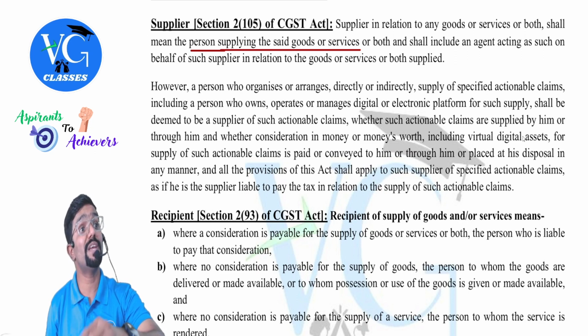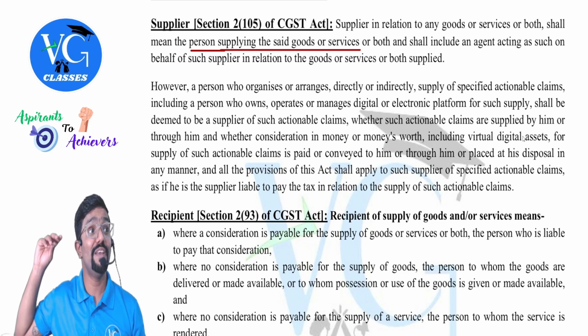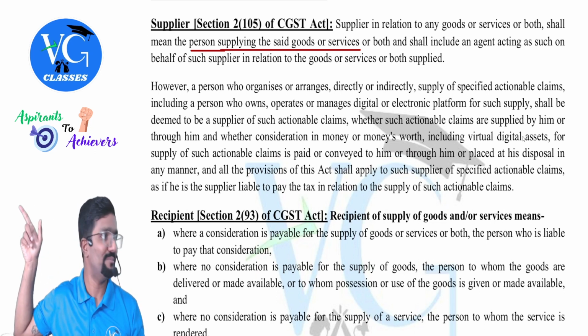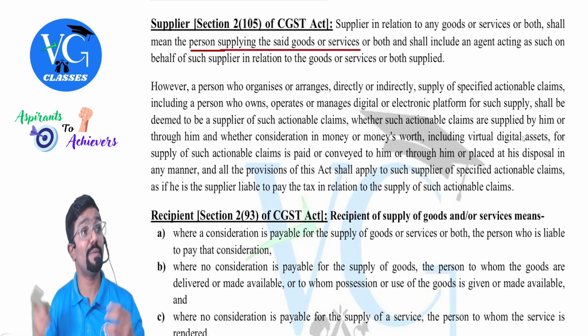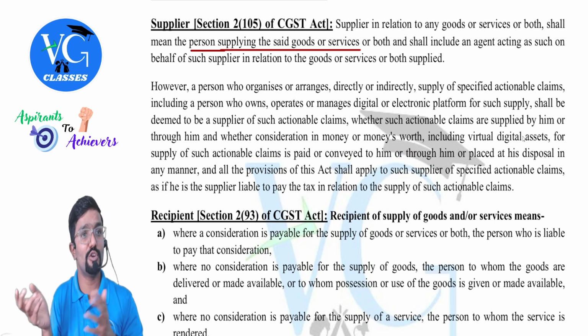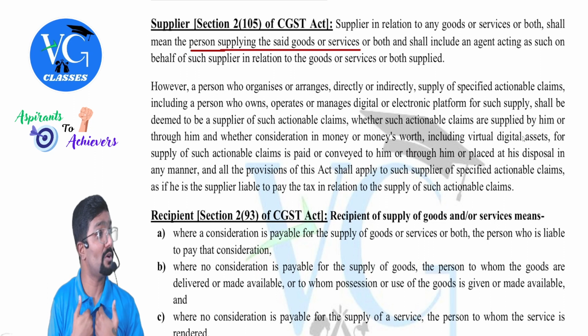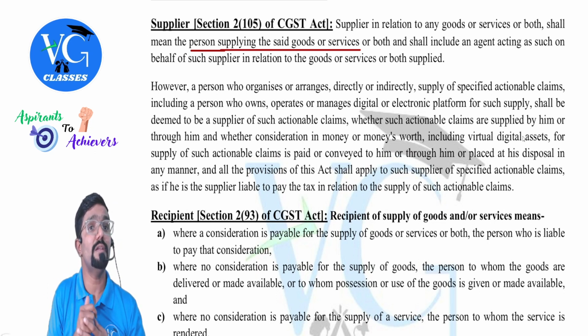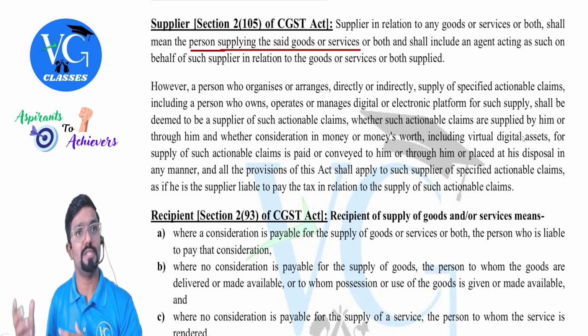Sir, can an agent also be considered a supplier? Yes, if invoice is issued in his name. They didn't tell you that the invoice should be issued in his name, but that is how you should understand. Clear? Agent will become a separate supplier when invoice is issued in his name.